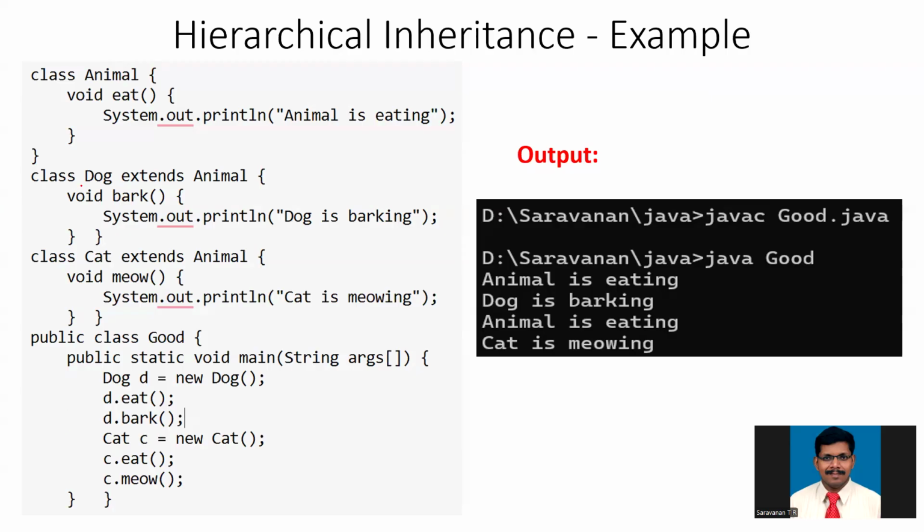Dog is the class which is extended from Animal. And this is the diagram: this is Animal, and further it has Dog, and Animal also has Cat.